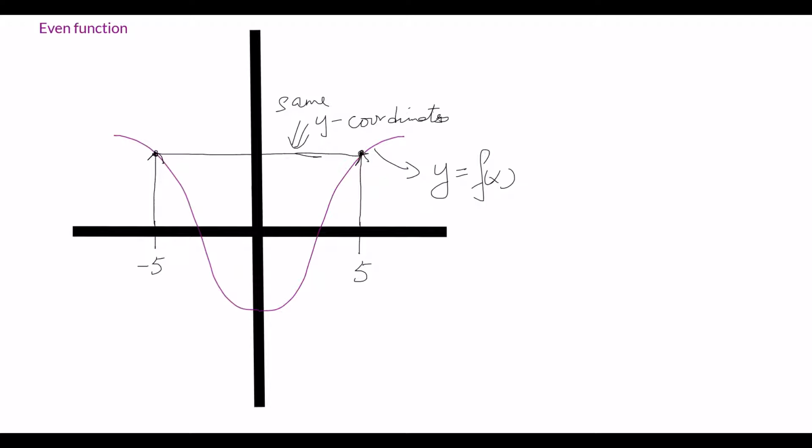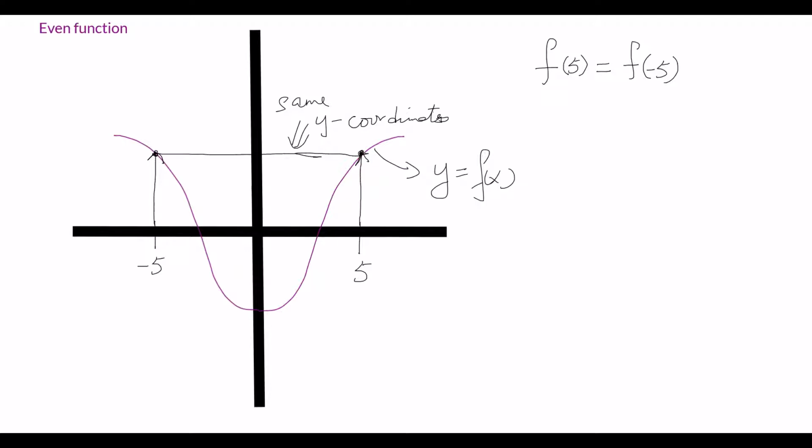And therefore, when x equals 5, when we calculate the y coordinate, it's always the same as the case when x equals -5. And if it is an even function, this is always true for all real values of x. It means not just 5 and -5.